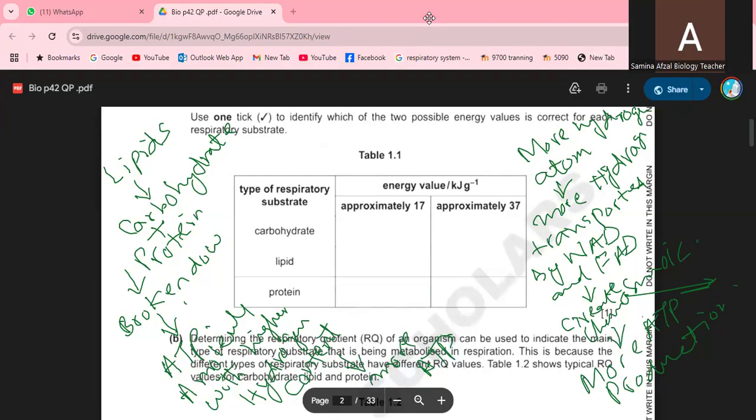So according to this, the lipids have approximately 37, and carbohydrates and proteins, as I already told you, have nearly equal value. So 17, we will go with for the carbohydrates and proteins.